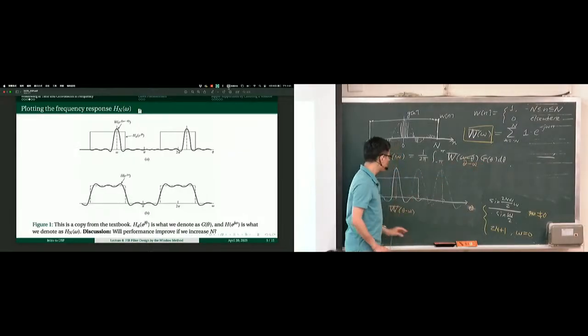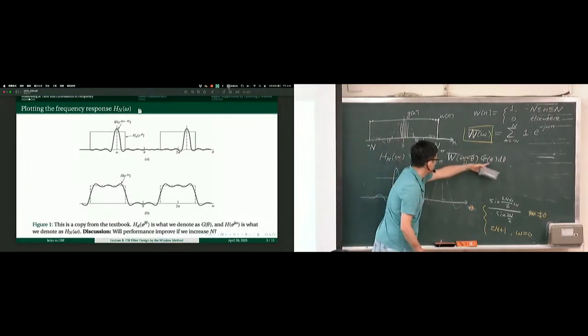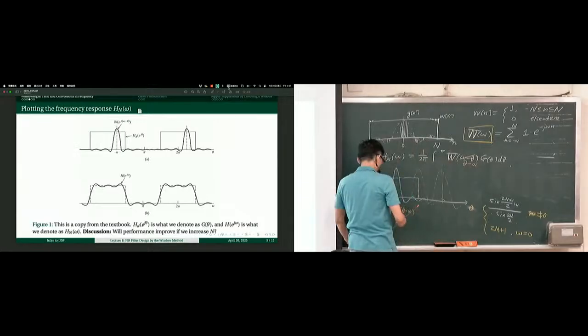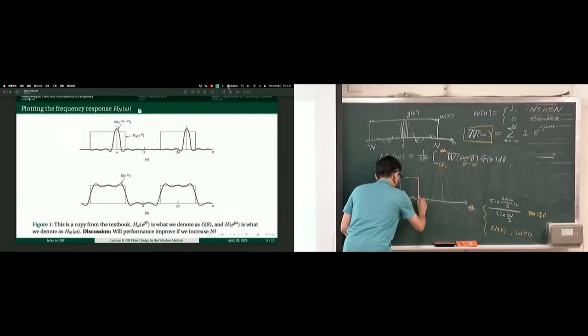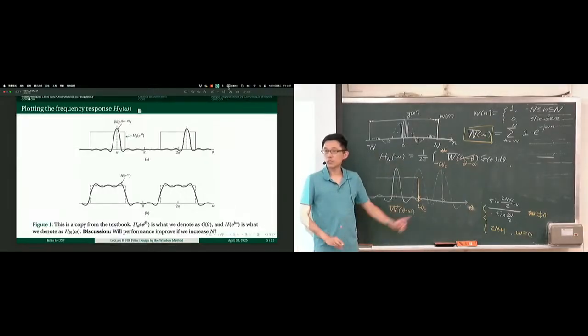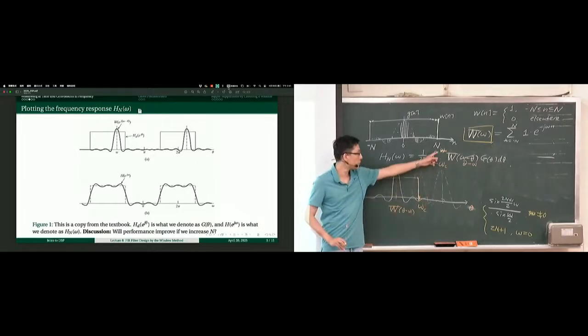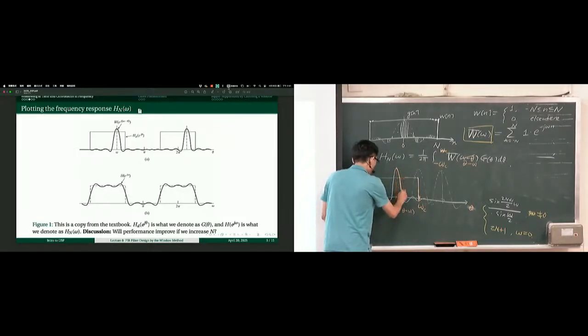By now it should be clear that, because G is 1 in the passband and 0 elsewhere, the integral only goes from minus the cutoff frequency to plus the cutoff frequency. So we can modify the boundaries, the top and bottom. What we're doing is evaluating this area.